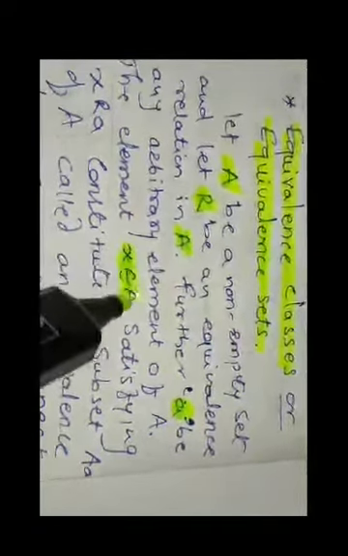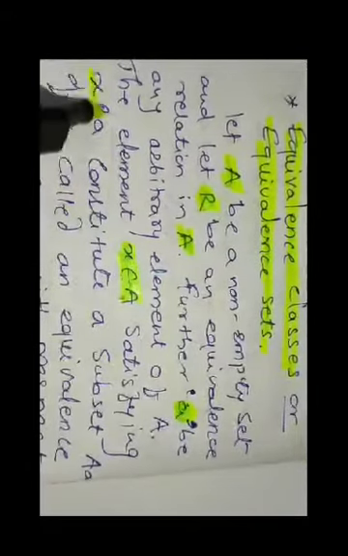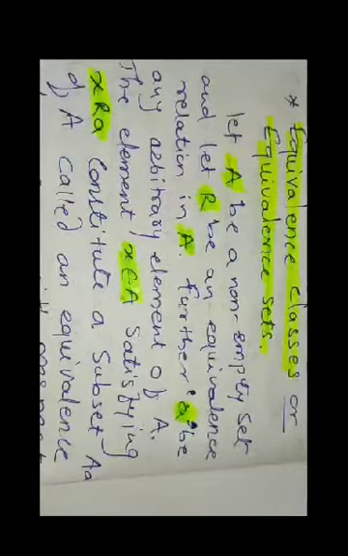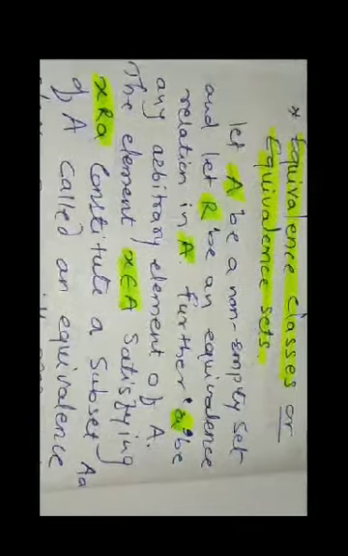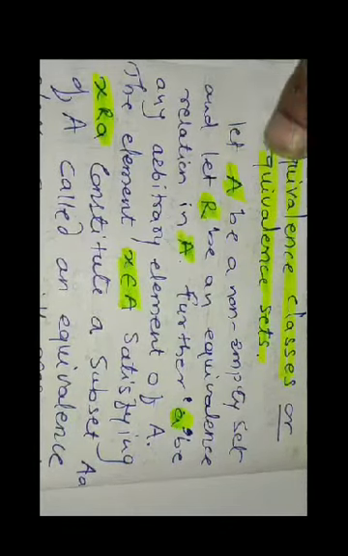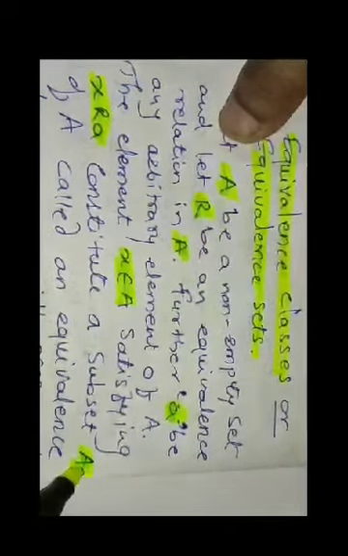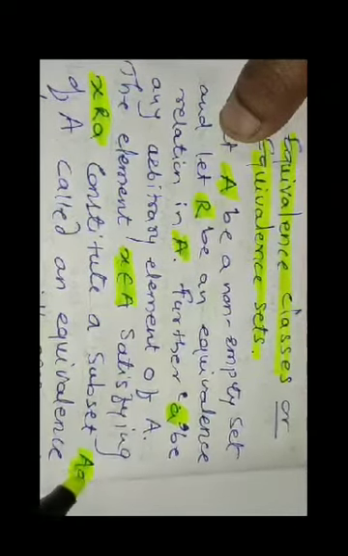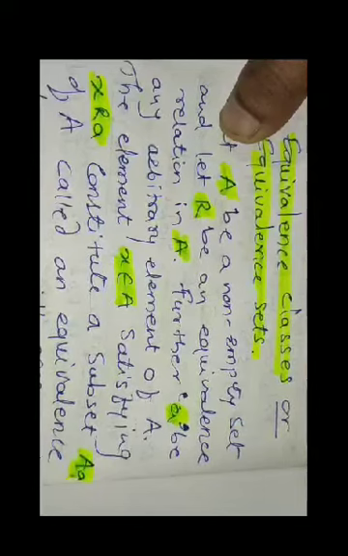Now take elements x belonging to A satisfying x R a. That means the elements related to that arbitrary a by the relation constitute a set, and form a new set, A alpha, denoted by small a of A, called an equivalence class of a.